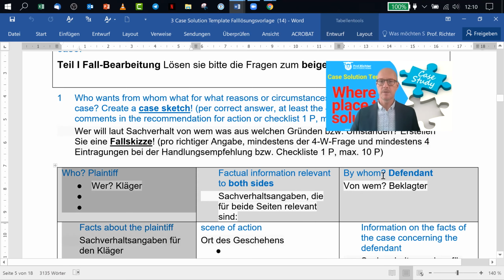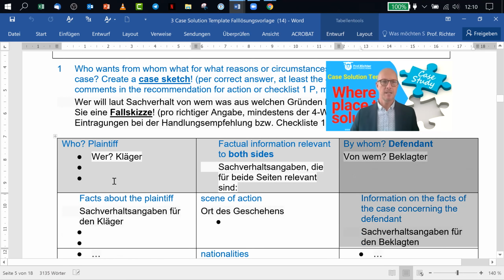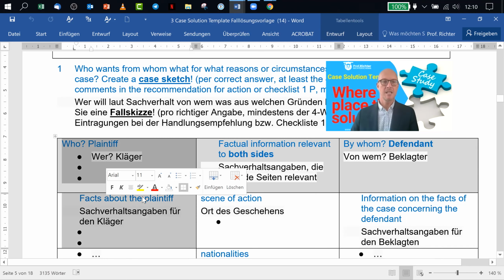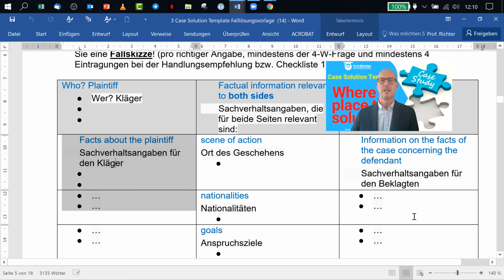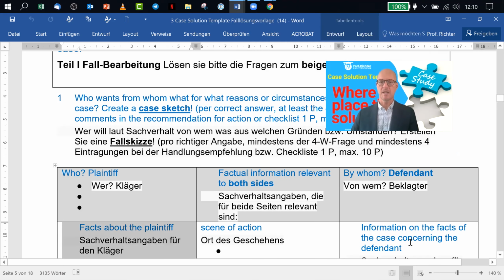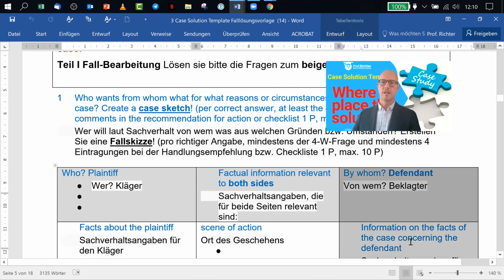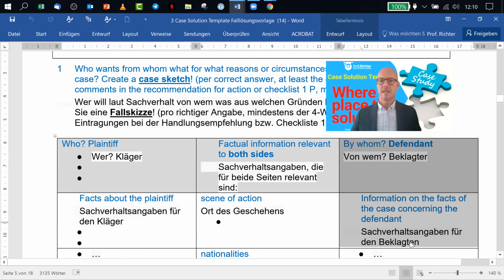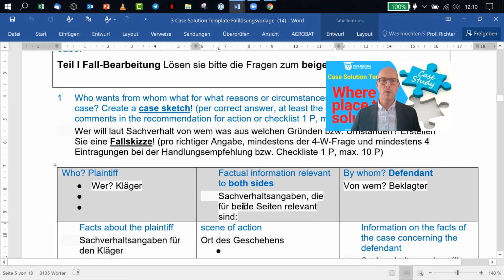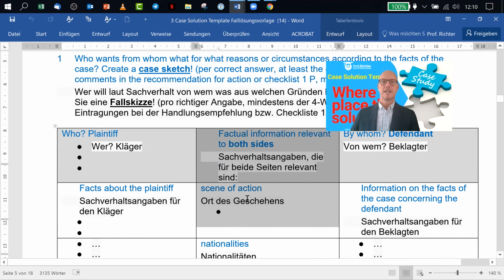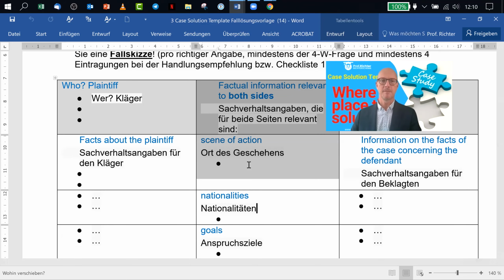Here are 3 columns, and you can write down all the facts that refer to the plaintiffs here, and all the facts of the defendant and what he wants and what he says here. Fact information relevant to both sides, or neutral, you can put here in the middle.